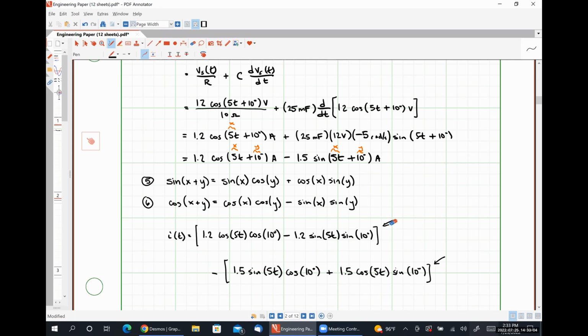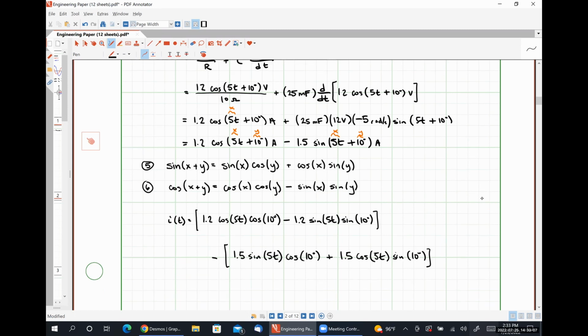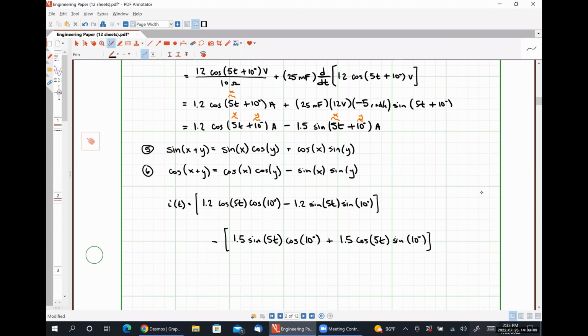What I'm going to do now is group like terms. For instance, I have a factor of 1.2 cosine 10 degrees minus 1.5 sine 10 degrees multiplied by the cosine of 5t.